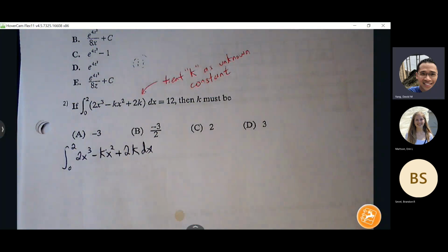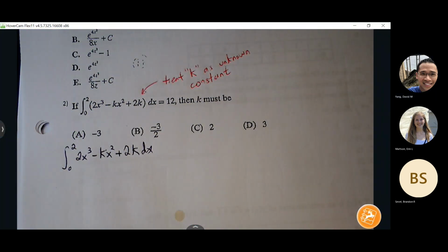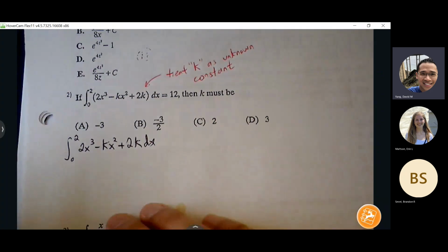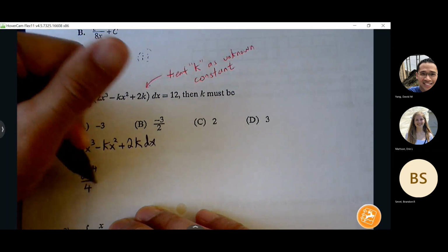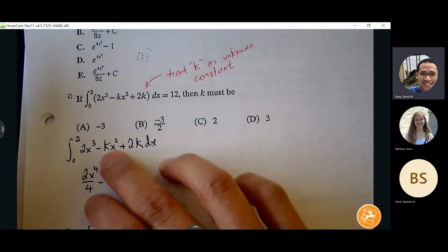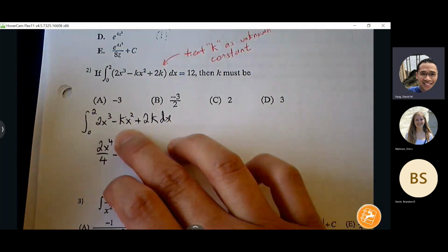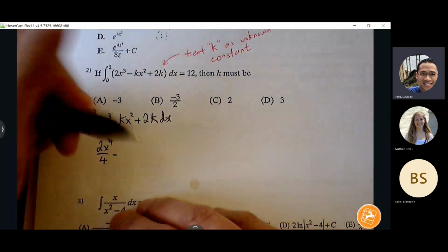All right, the nice thing about this problem is every term is set up and ready for what rule? Just power rule, right? Just easy power rule, no messy u substitution, no expansion necessary, no cleanup necessary. Jump directly into our power rule. K is just some number hanging out in front, so k is just going to stay. We get x cubed over 3.